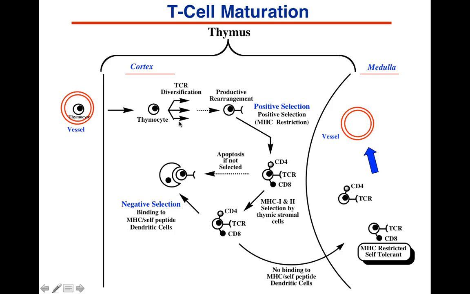So just to recap, you have positive selection for MHC1, MHC2 binding, negative selection for MHC1, MHC2 self-peptide binding, then elimination of CD8 and CD4 expression depending on whether they bind to MHC1 or MHC2, and then migration from the medulla into the blood vessels.